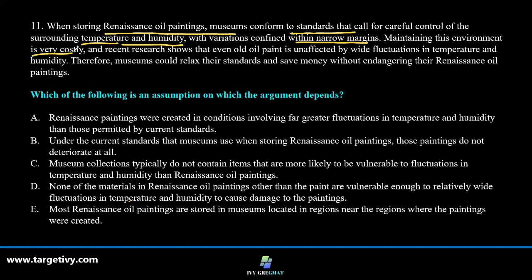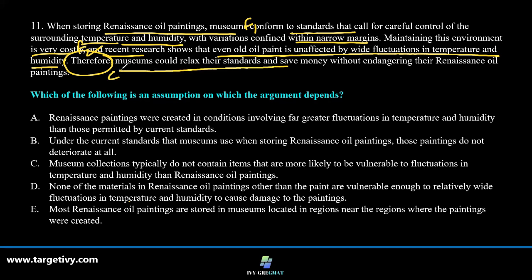And fact three: there is some recent research which has shown that even oil paintings are unaffected by wide fluctuations in temperature and humidity. And this is followed by a "therefore", so we are getting the conclusion here: museums could relax their standards and save money without endangering their Renaissance oil paintings.